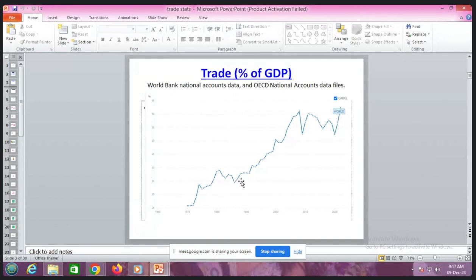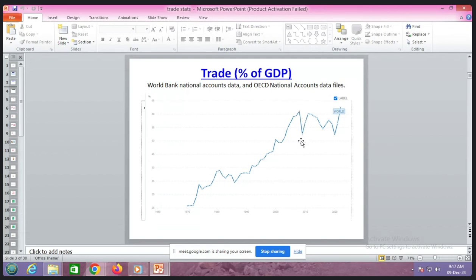So you can see here the slope is so steep. Just before the 1990s, in the middle of the 80s and 90s, there has been a sharp increase in the growth of trade, and this has become more than 60%. And then again you can see the crisis in 2007, which I had discussed the other day.